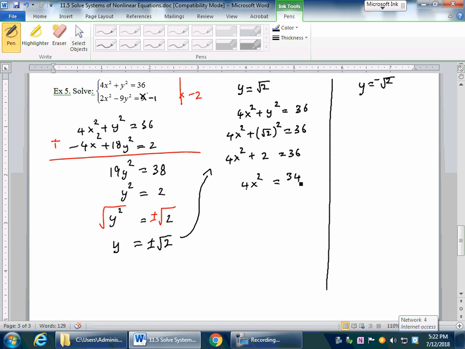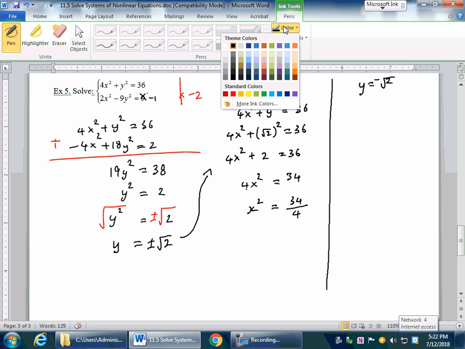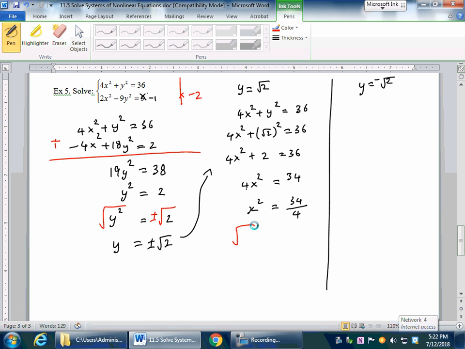And then divide both sides by 4, which is going to be x squared is 34 over 4. Now I'm not going to simplify right here because when I take the square root, 4 is a very good number, so that way I don't have to do the rationalizing part anymore. So I'm going to take the square root on both sides, plus or minus, don't forget.